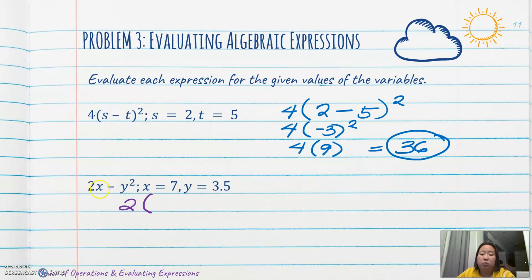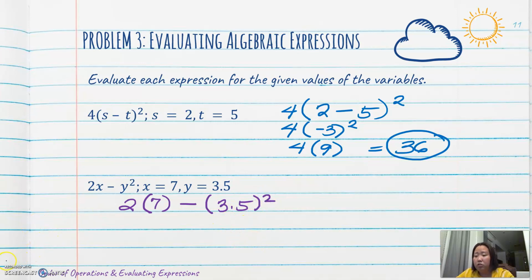Typically, you use a parenthesis as you replace the value of the variable. So this x will now become 7, and our y is 3.5 squared.